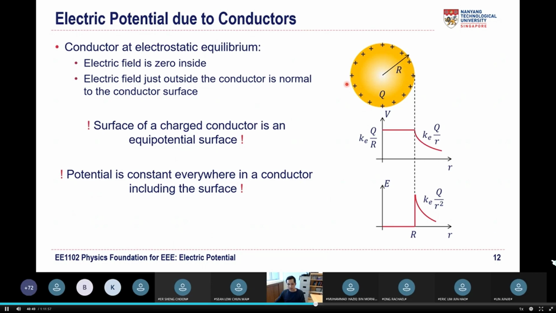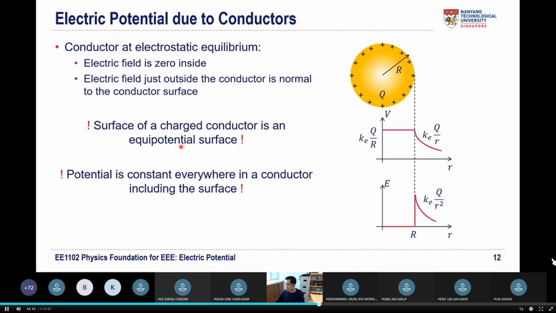If you remember the equipotential surface, it is where the electric field is 90 degrees to the surface. So if the electric field just outside the conductor is normal to the conducting surface, that also means the entire conducting surface is going to have the same electric potential.